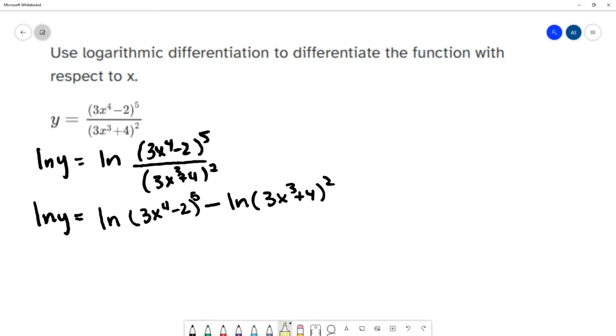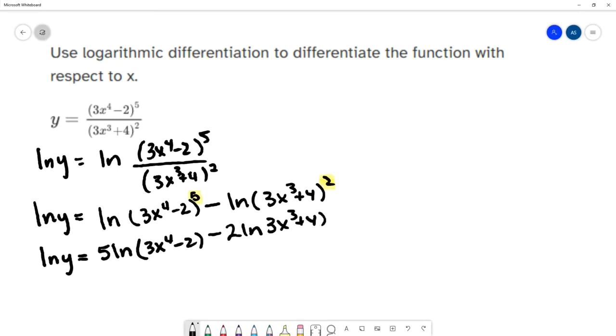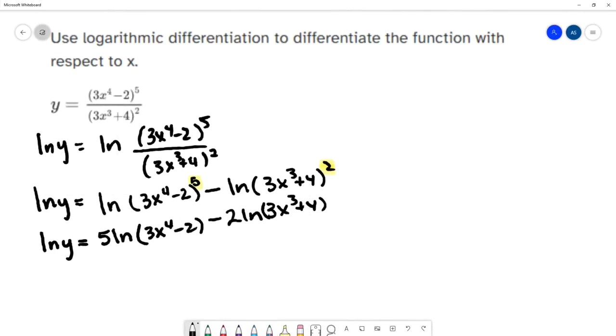So that was the quotient rule for logarithms, and we can also use the power rule for logarithms and write this as natural log of y equals 5 natural log of (3x to the fourth minus 2) minus 2 natural log of (3x cubed plus 4). Now this is going to be a much easier format to calculate the derivative than the original format.